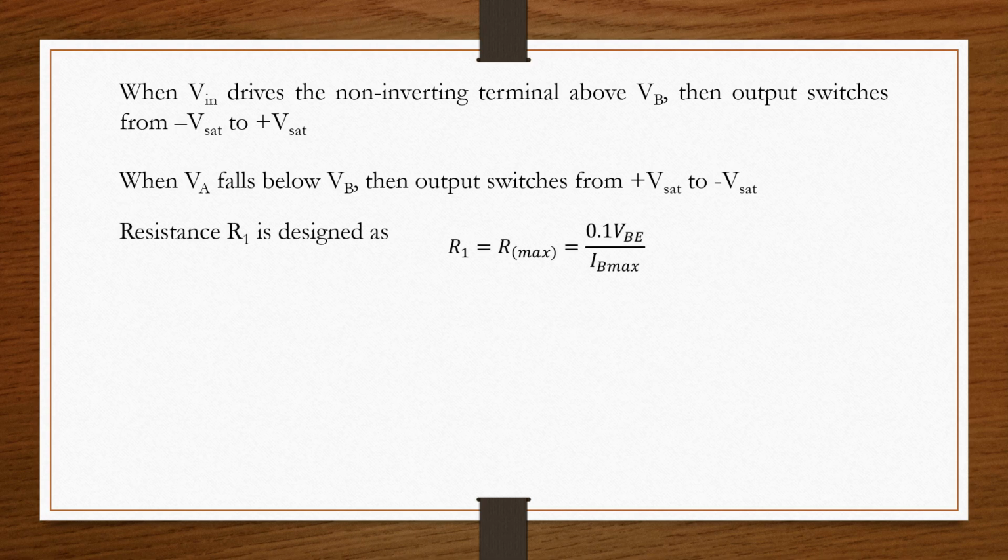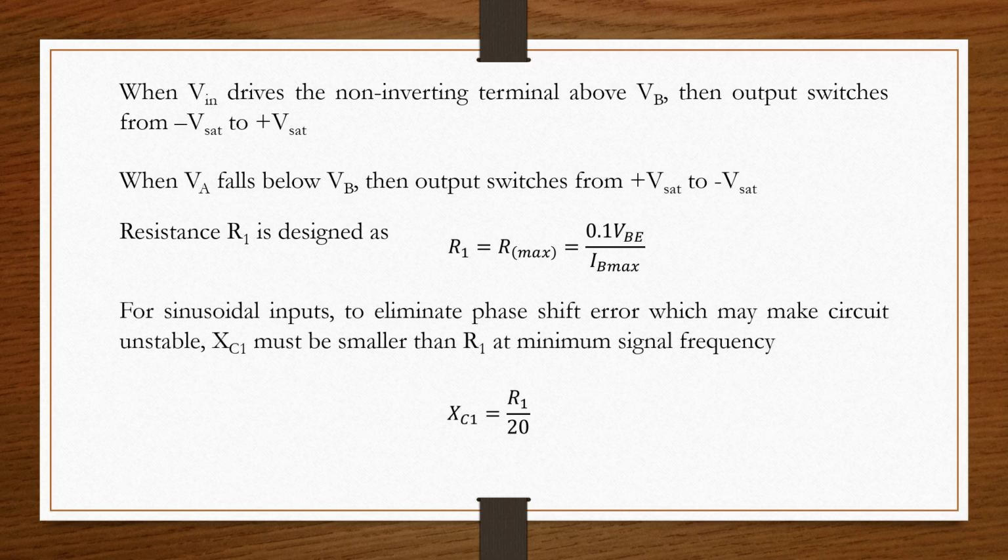The resistance R1 is designed such that R1 is equal to R max, which is equal to 0.1 times VBE divided by IB max, where IB max is the input current of the op amp. For sinusoidal inputs, to eliminate the phase shift error which may make a circuit unstable, Xc1 must be smaller than R1 at a minimum signal frequency.